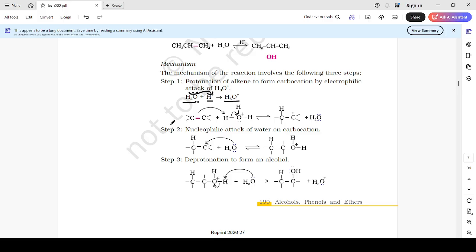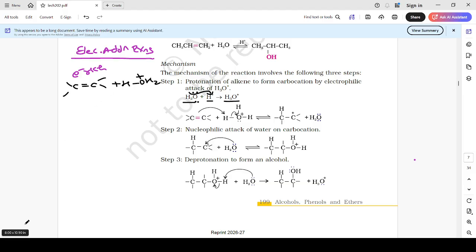Now I have alkene plus H3O plus. Alkene is electron rich because of its double bond, so it will always undergo electrophilic addition reactions.